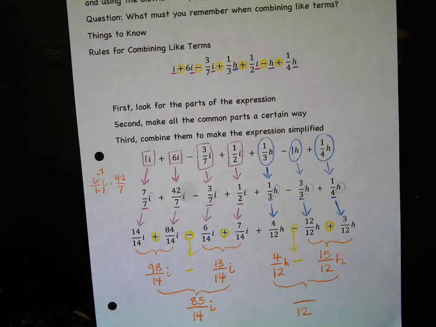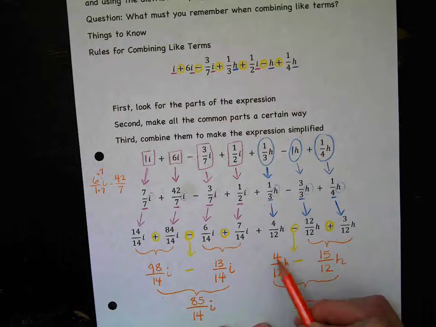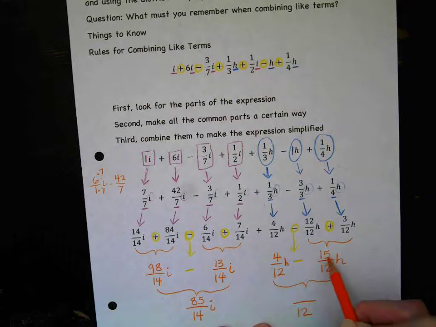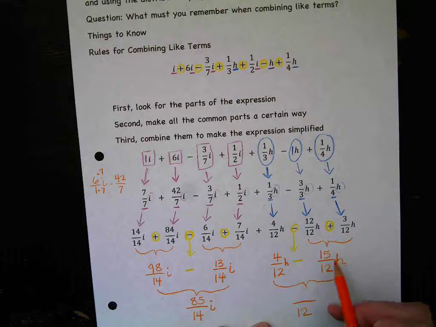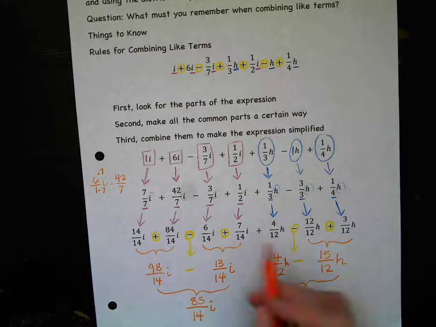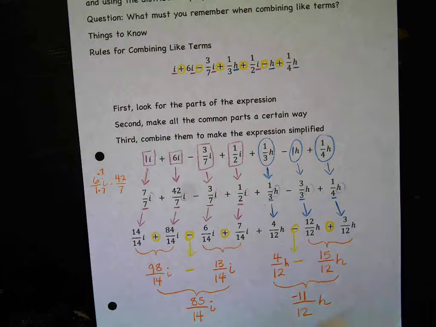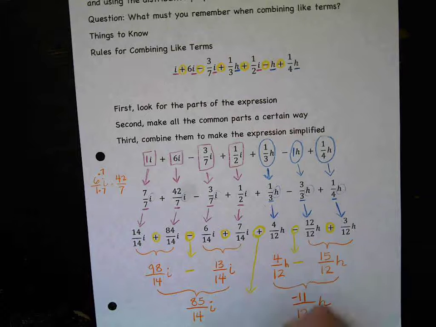We're combining these two, and so our denominator would be 12, and then we would say 4 minus 15. If we're thinking about it, we have 4 positive chips and we have 15 negative chips. When you put the 4 positives with 4 of the negatives, those become 0 pairs, and you're left with negative 11/12 H. And if you're looking at this operation that combines these two different groups, that says plus.